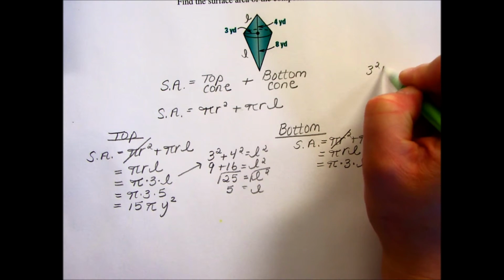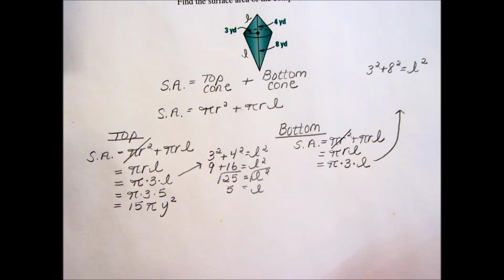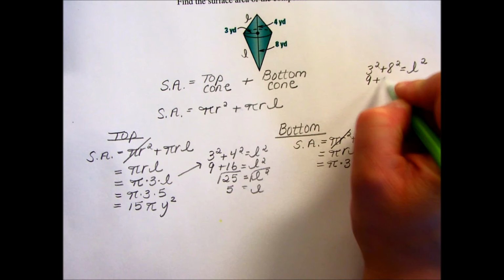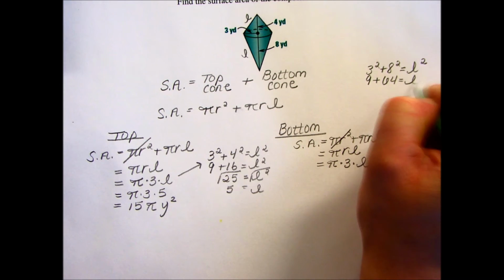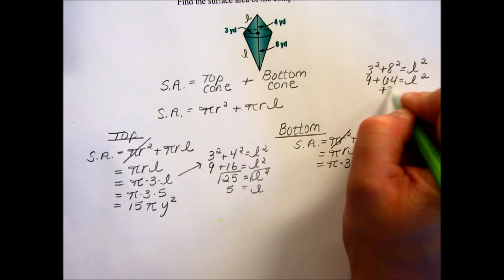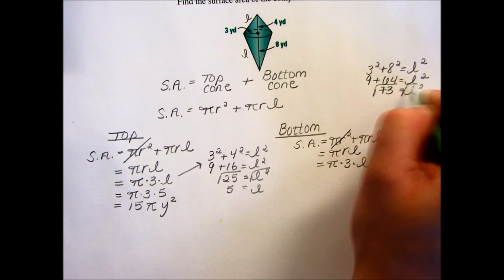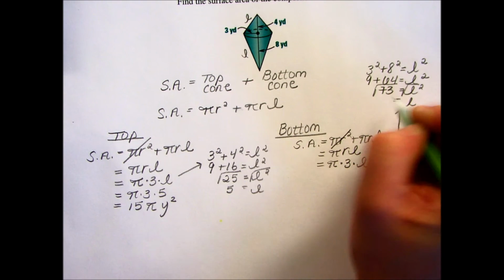So 3 squared plus 8 squared is equal to L squared. 3 squared is 9. Add that to 8 squared, which is 64, set it equal to L squared. When you add up 9 plus 64, you get 73, set equal to L squared, and then lastly square root both sides to get a slant height of 8.54.